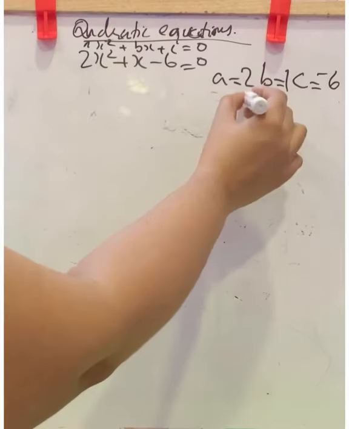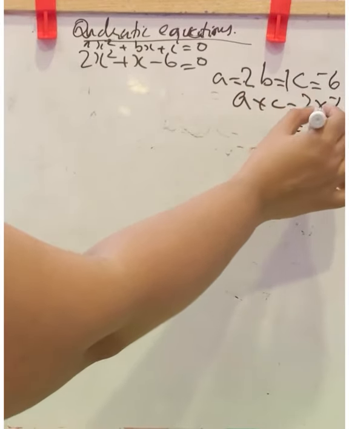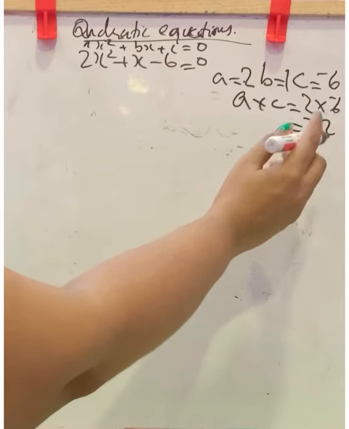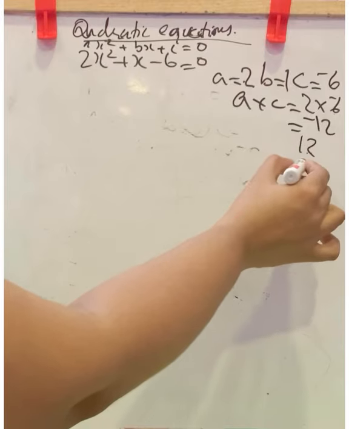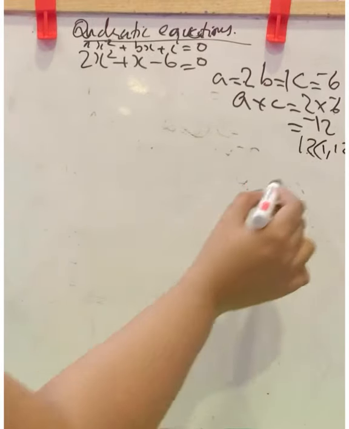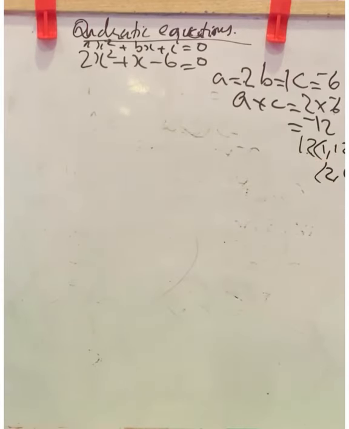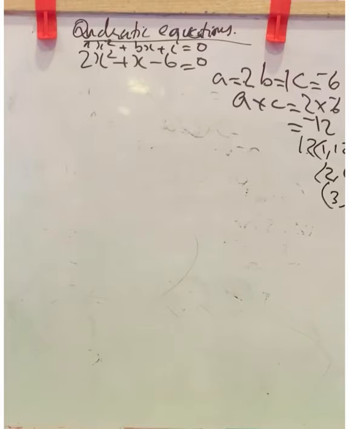Now check what is a into c. 2 into negative 6 is equal to negative 12. Now consider only the number, no need of sign, that is 12. 12 factors. 1 into 12 is 12. One pair is that. 2 into 6 is 12. 3 into 4 is 12.